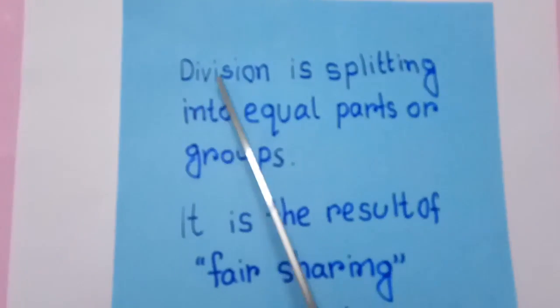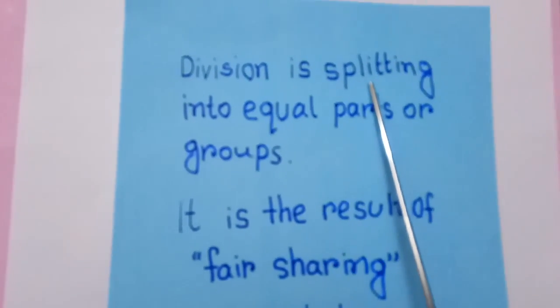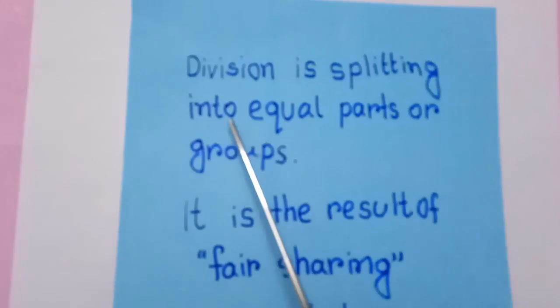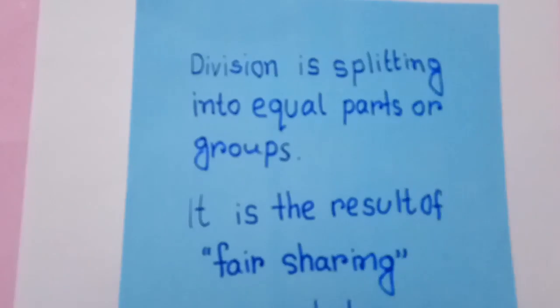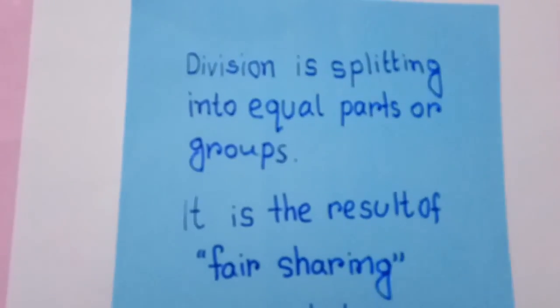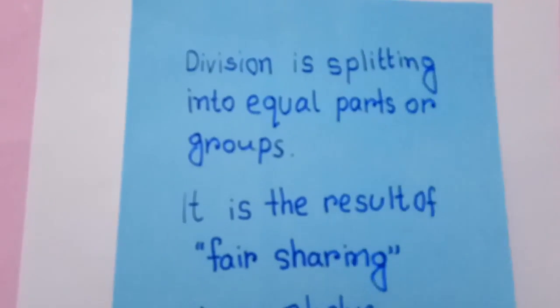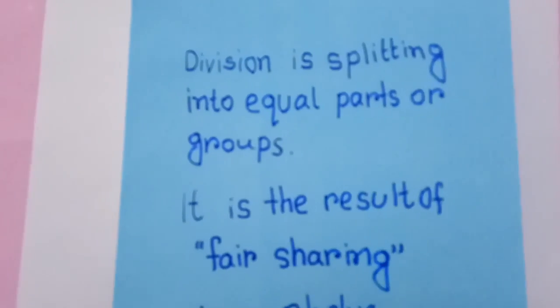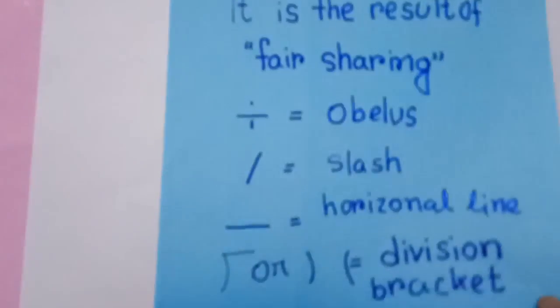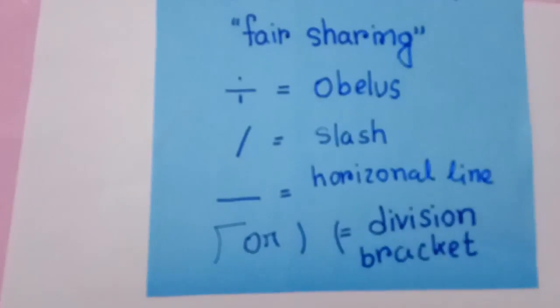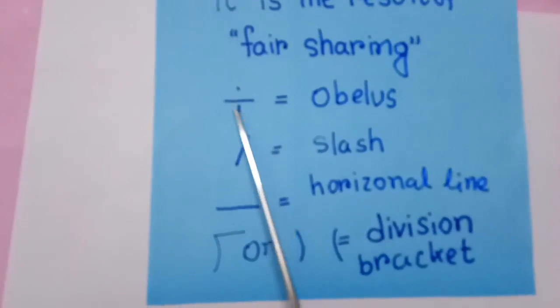Now we can say what division is. Division is the splitting into equal parts or groups. It is the result of fair sharing. There are various ways of expressing the division sign. Here are some division signs. We know about this division sign.